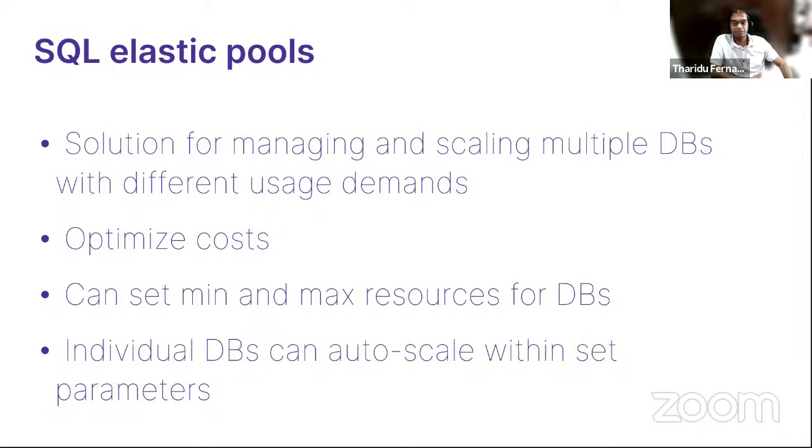Suppose there's a very small customer who doesn't have much load at all, but suddenly he tries to do a very large write workload in the database. The elastic pool can quickly cater to that and try to scale up that database instance. So this is a very nice feature which you can use, and of course it depends on your usage demand.